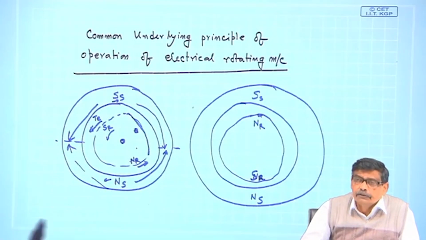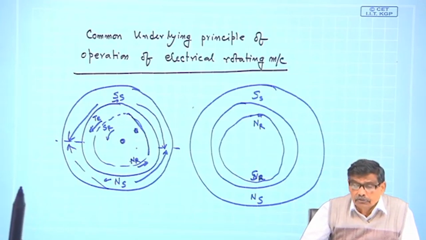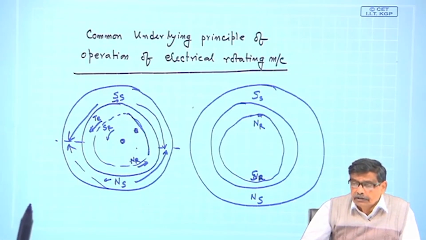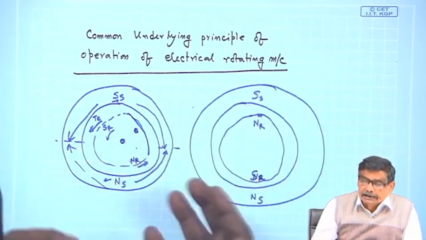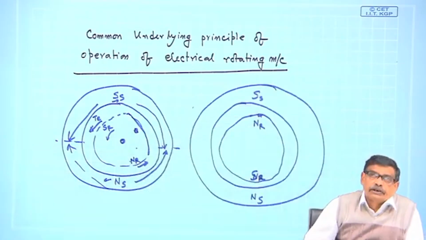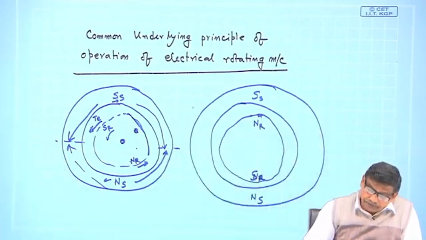Why is it necessary to produce electromagnetic torque? Because if it is a motor, you have to do some work. So, there will be an opposing force, and that much opposing force must be created to have sustained rotation. Therefore, this is the situation.